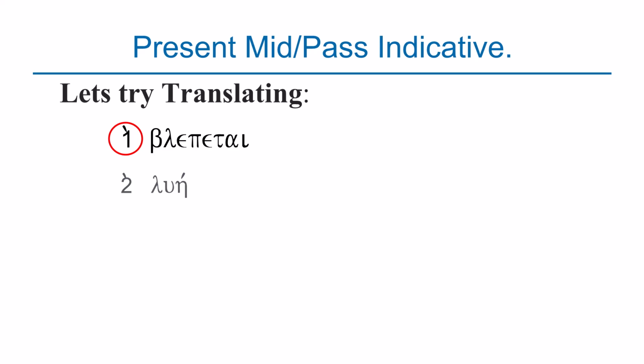Remember, since you're translating middle or passive, you have to choose one of them because they share the same ending. But when you're translating, they are different. So the translation of blepetai will be he or she or it is seeing himself. That is for the middle. If it's in the passive, you're going to say he or she or it is being seen.